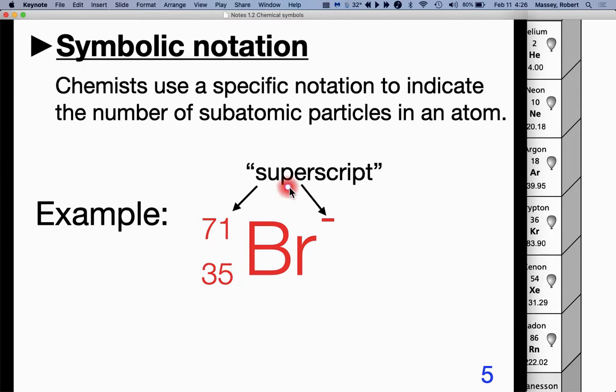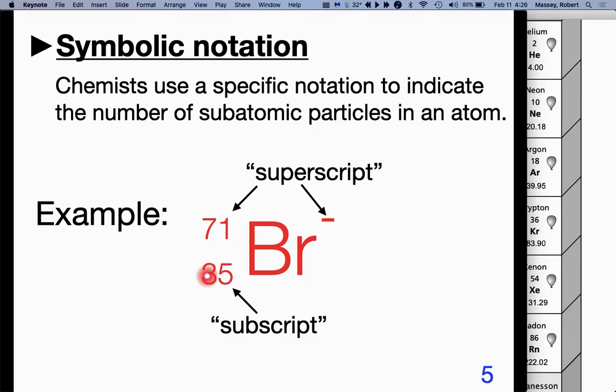Okay. The numbers that are written above are called superscripts, and the number that's written below is called a subscript. Now, when you write superscripts and subscripts, you need to do just that. So I know some of you don't have the best handwriting in the world, but for symbolic notation, such things are really, really important.